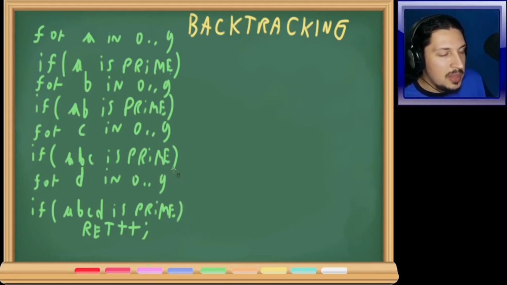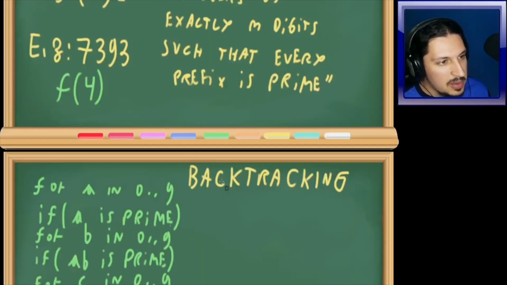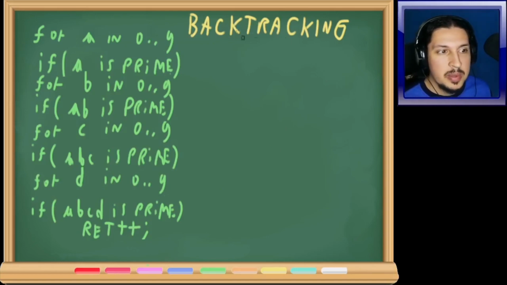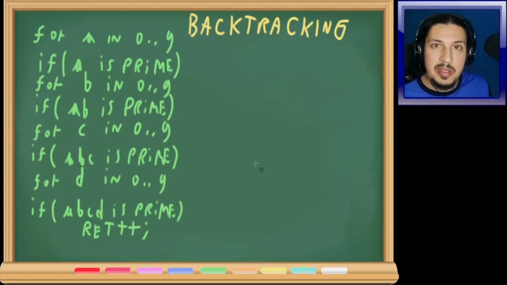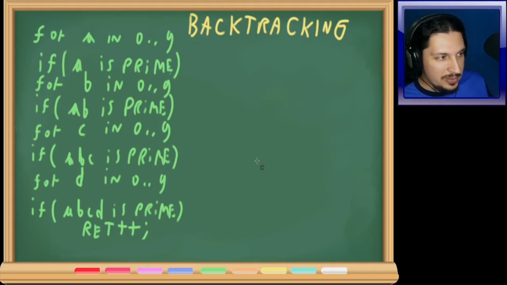So the ifs and the branching will alternate. So you are checking at every step, and that is the important part. But it is not a requirement for backtracking to actually have a recursive structure. That is just the most common way to implement this for-if thing when you don't actually know the number of fors beforehand.